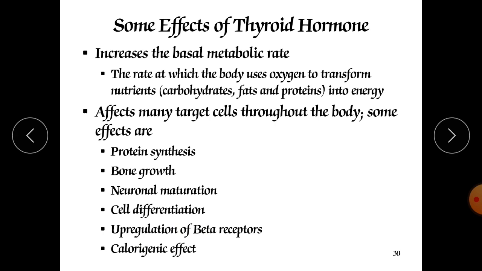Whatever the process is, it consumes ATP. So ATP consumption is there, and energy is produced. There is continuous production and use of more and more ATP, and due to that heat is formed, and that heat generation is nothing but the calorigenic effect. So heat generation is responsible for the normal maintenance of body temperature.